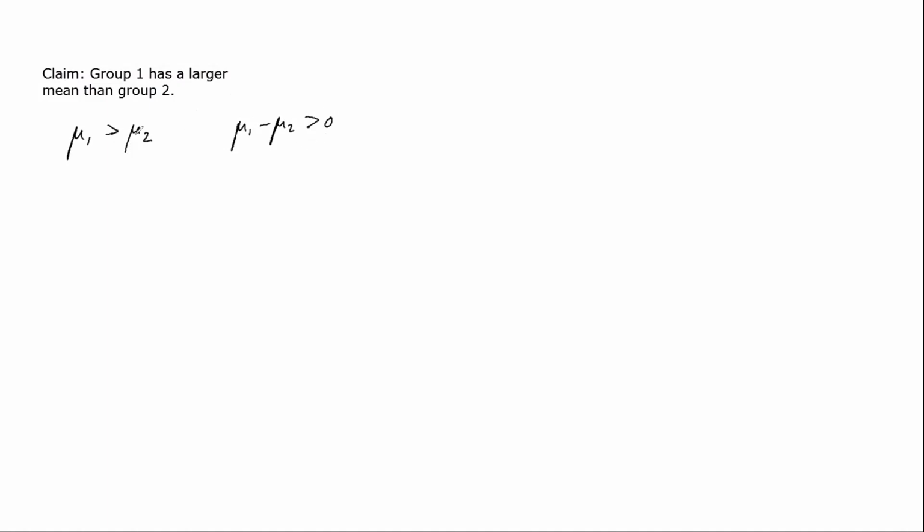All right, you can see that mathematically these are the same. You could also subtract it the other way around. Mean 2 minus mean 1 is less than 0. Again, this is mathematically the same thing. So we can write this claim in 3 different ways.